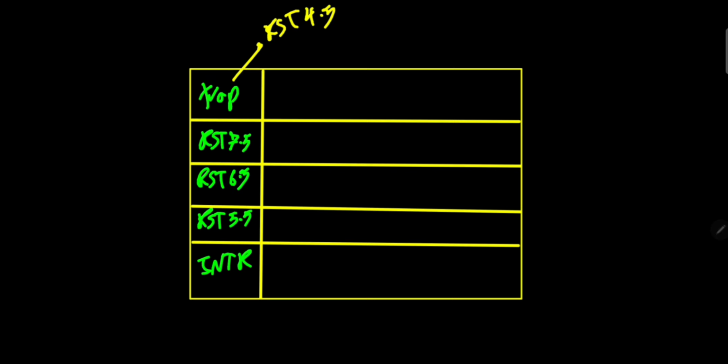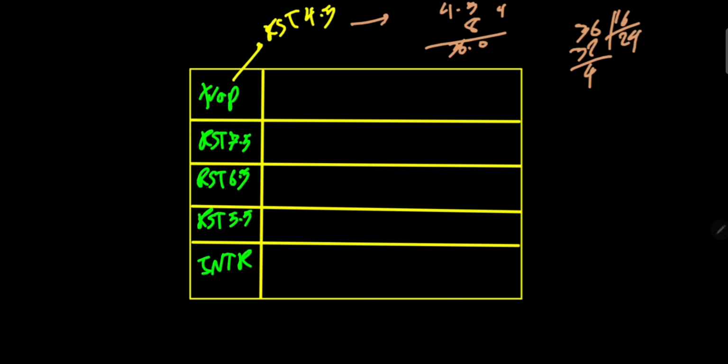So maybe RST 4.5 means 4.5 times 8. Well, 8 times 5 is 40, 8 times 4 is 32, plus 4 is 36 in decimal. 36 in decimal is equivalent to 24 in hex.